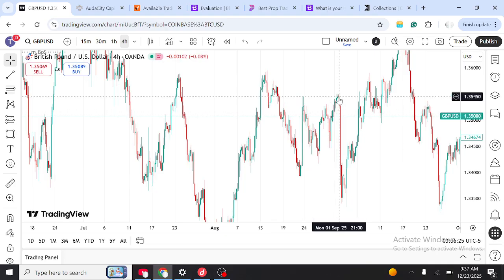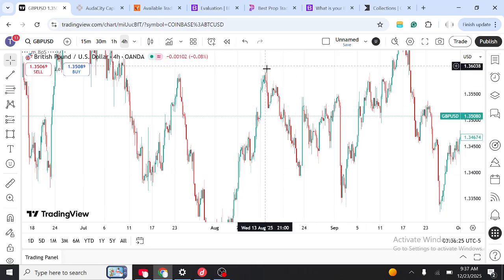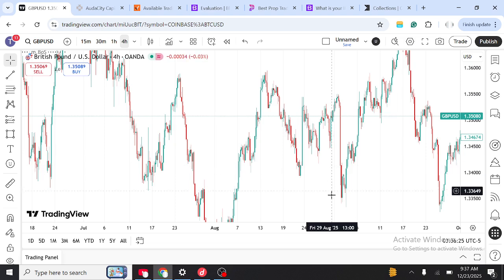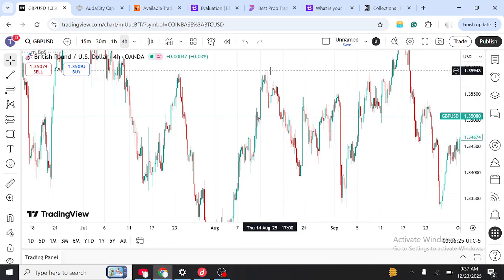When this setup happened, it was followed up by taking out this low. So immediately we should know that price is going to take out this high, which will complete the type B. So what we should look out for in this area is a change of character, all right, to take the trade to this level, to break this level.